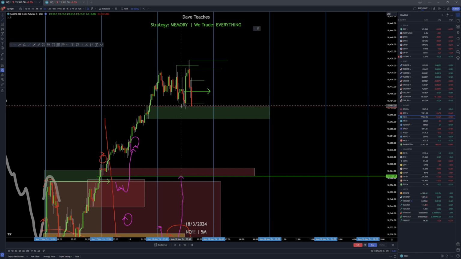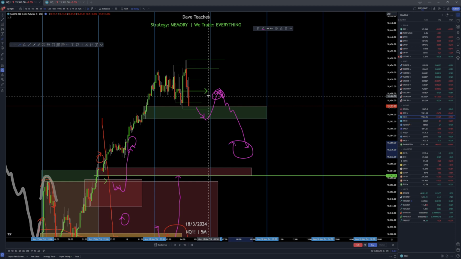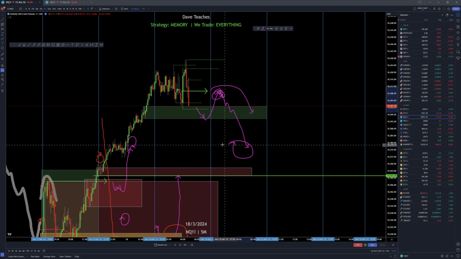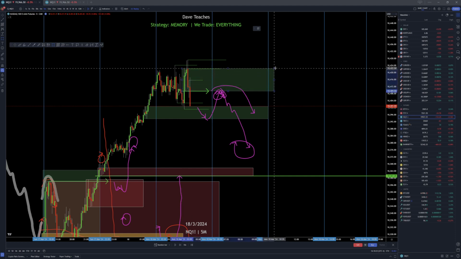So if we end up taking this low, if we end up taking this low, I'd like potentially a trade back into here to short a little lower. Maybe from like here or something.